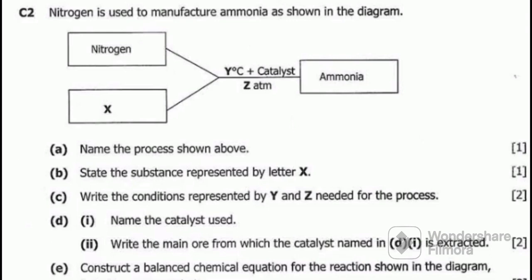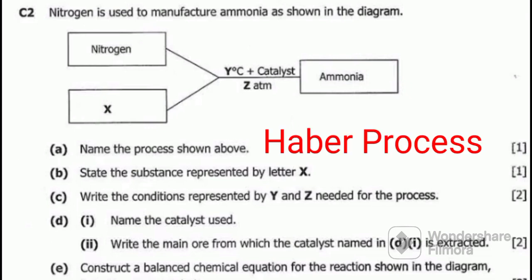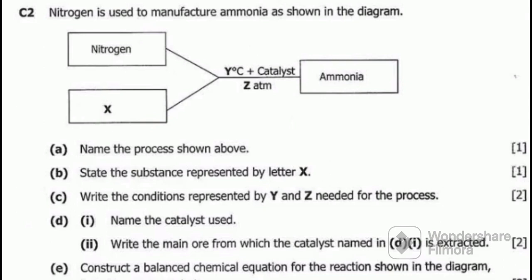The first question: name the process shown above. The process of manufacturing ammonia is the Haber process. B. State the substance represented by letter X. When you are manufacturing ammonia, two gases are reacted.